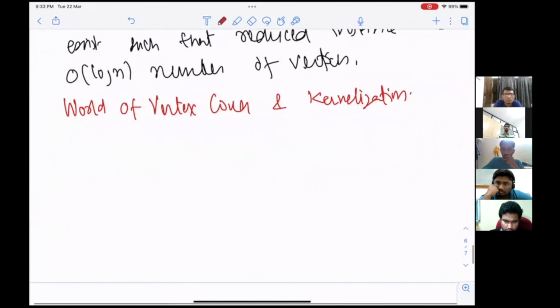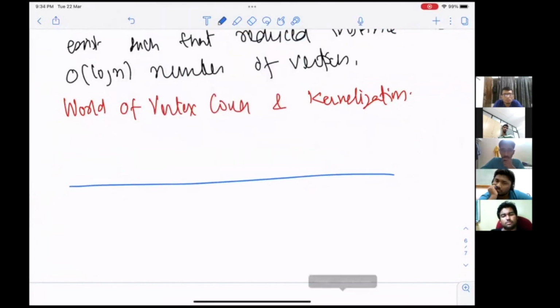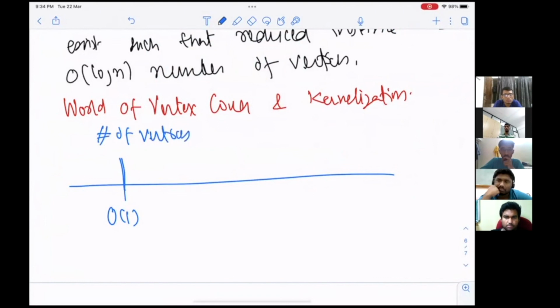In this world, we just saw that, suppose this is order 1, we are only seeing how many vertices can be reduced in polytime.